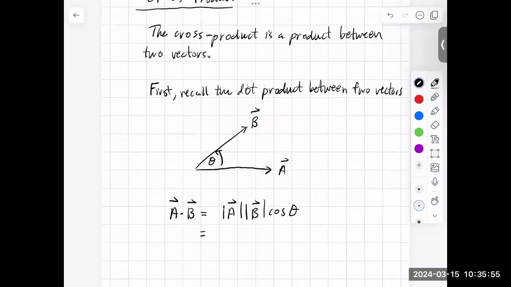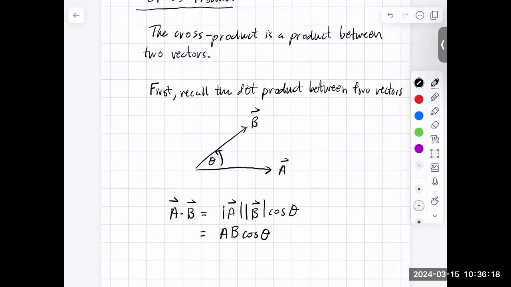And then, of course, the magnitude of A is just the length of A, and we could denote that as A times B cos theta, where when we don't draw the little vector sign over A, what we mean is just the length of that vector, and we disregard any direction information.